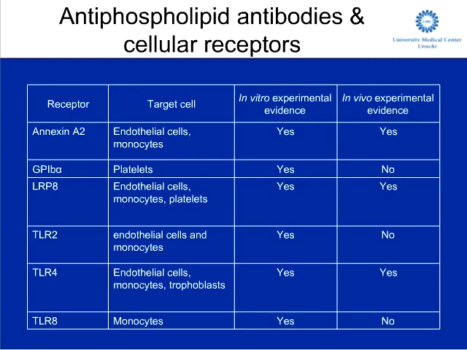And there is, I think, the biggest problem at the moment, because we have identified many different receptors on cells that bind beta-2-glycoprotein 1 in complex with the antibodies: annexin A2, glycoprotein 1b alpha, LRP8, toll-like receptor 2, toll-like receptor 4, toll-like receptor 8. Interestingly, these are in vitro experiments, but in vivo evidence has also been shown for many of these receptors. That makes the situation a little bit complex.